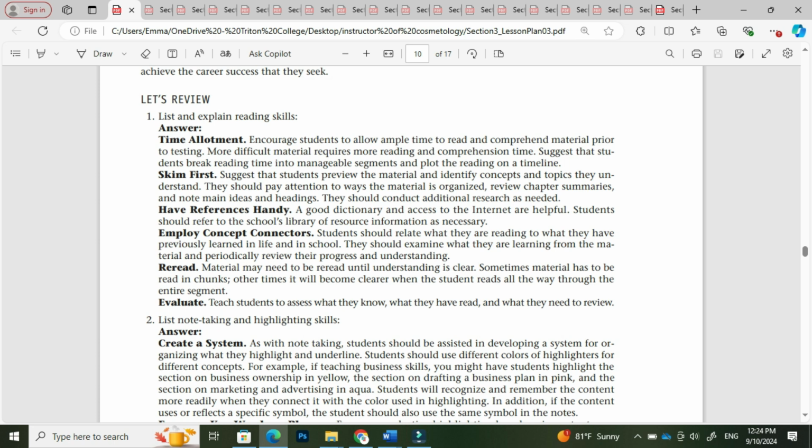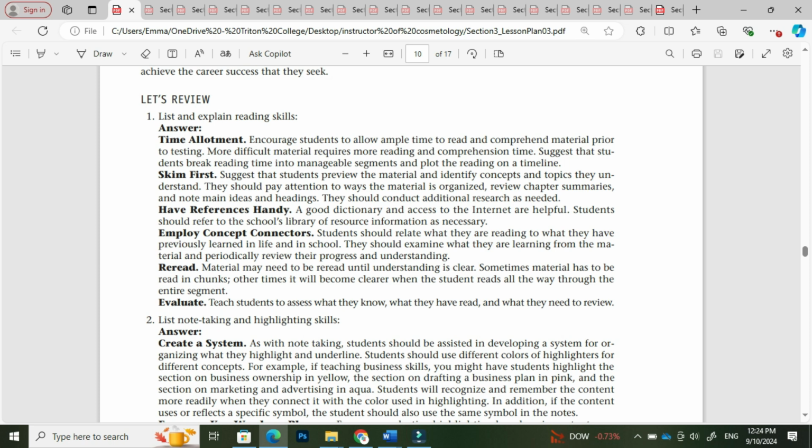They should conduct additional research as needed. Have references handy. A good dictionary and access to the internet are helpful. Students should refer to the school library if resource information is necessary.